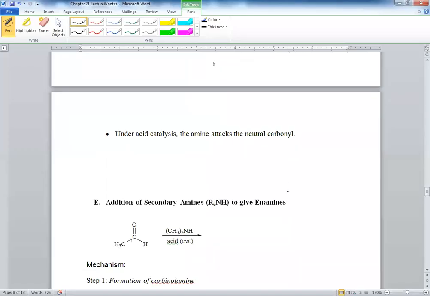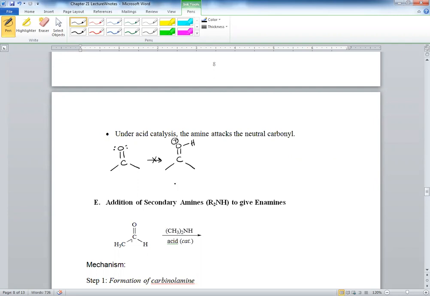Another point to make also is that under acid catalysis, the amine attacks the neutral carbonyl. What that means is that if you have this, at pH 5, this won't become this, the protonated carbonyl oxygen.